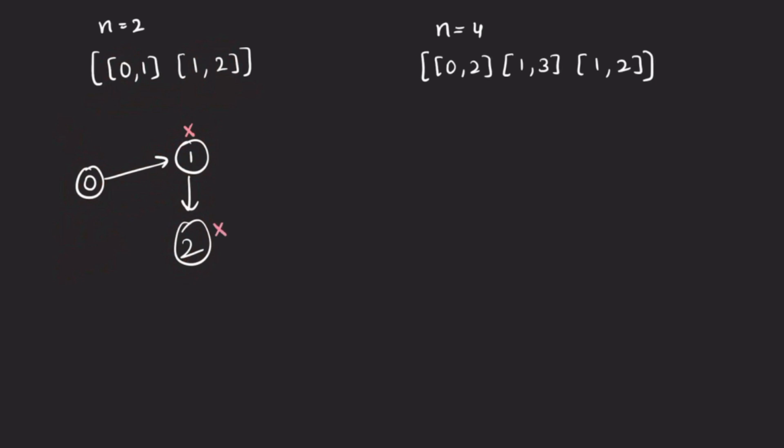Then that means this also cannot be our answer. But if you see, node 0 is not weaker than any of the nodes in the graph, right? So that means this can be our answer. And since there is only one such node, we can return 0 as our answer, right?